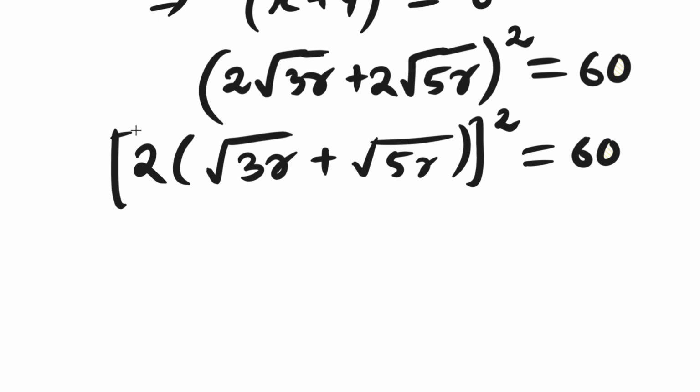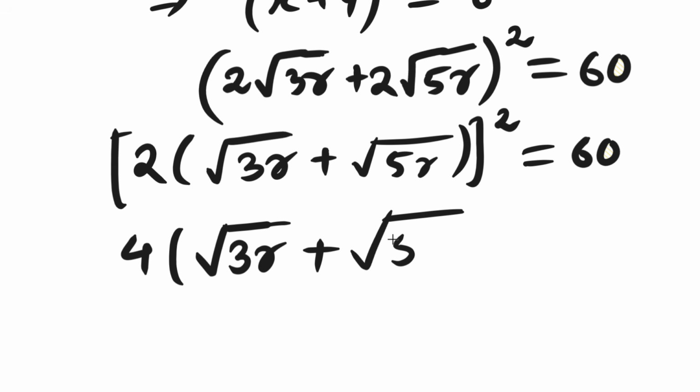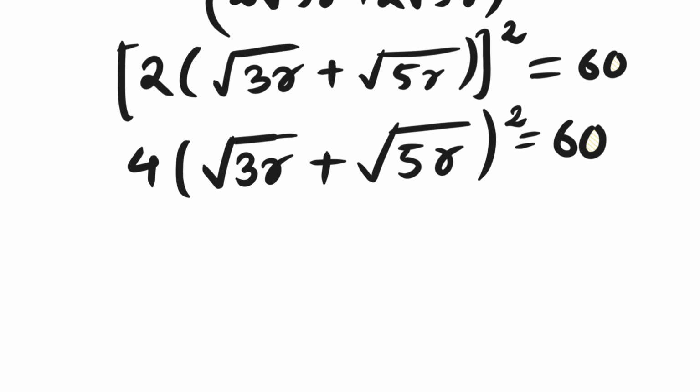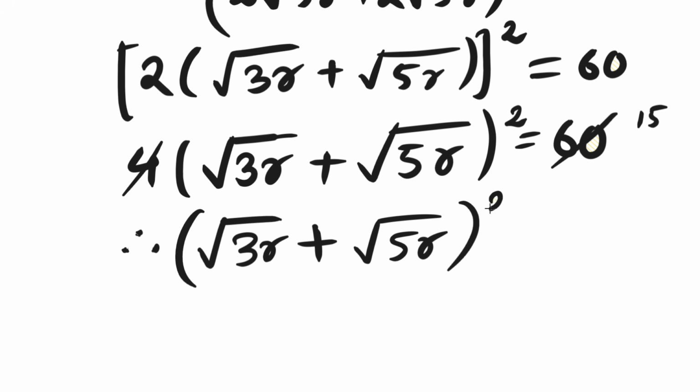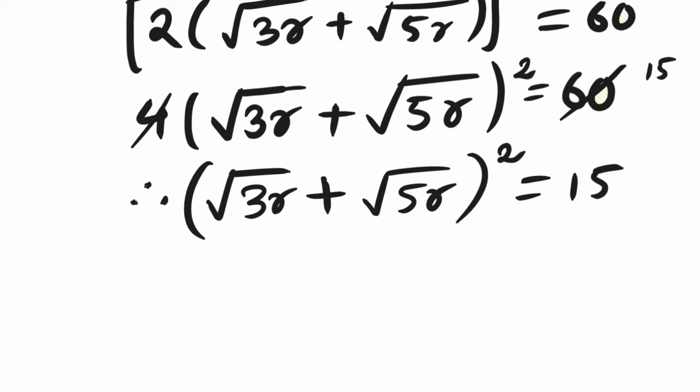Now, when the entire quantity is squared, the factor 2 also gets squared. So we have 4 multiplied by (square root of 3r plus square root of 5r) squared equals 60. Divide both sides by 4, and 60 divided by 4 is 15. Therefore, (square root of 3r plus square root of 5r) squared equals 15.